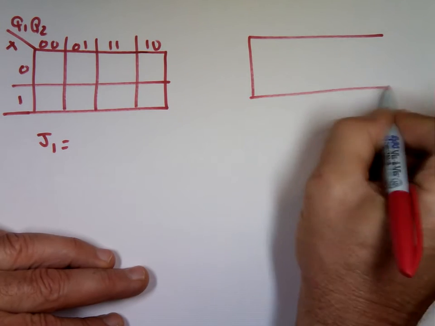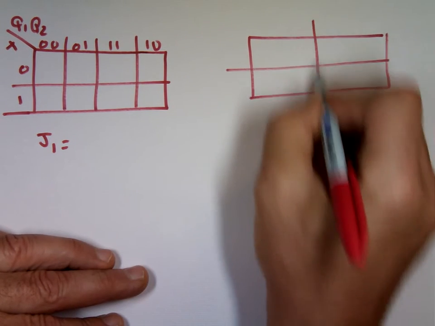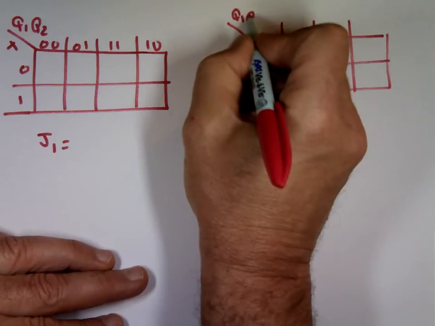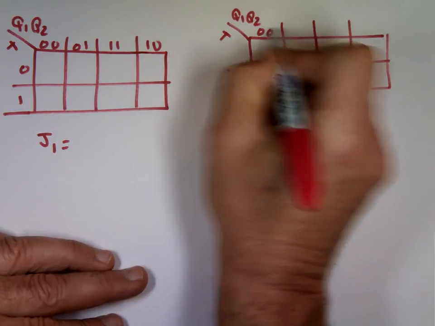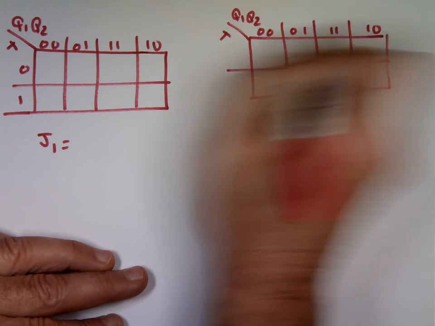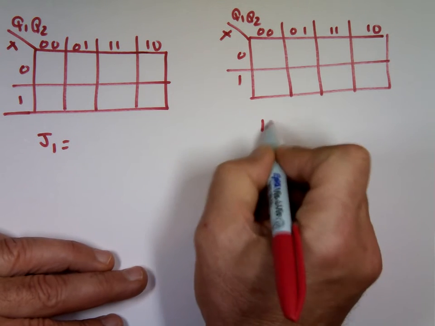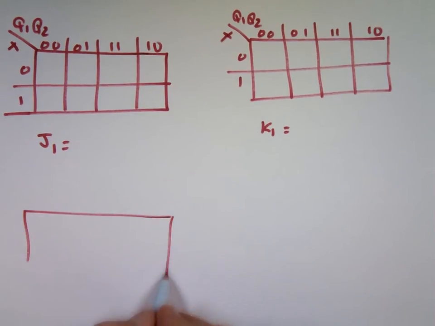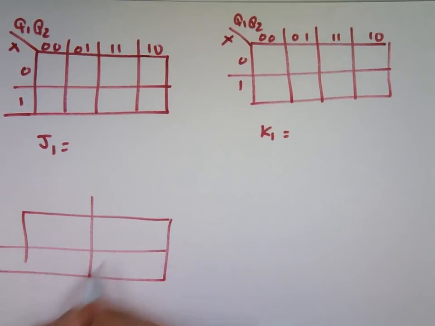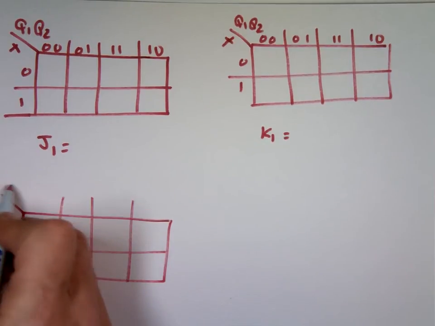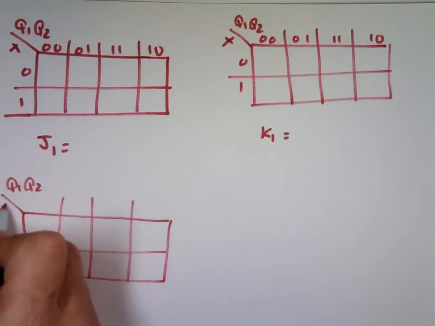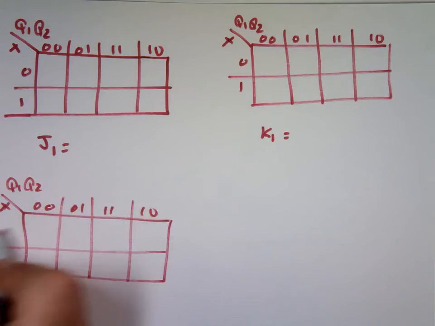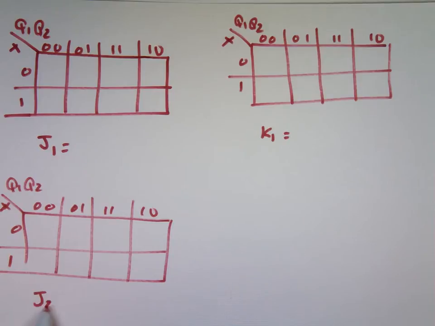We have one for K1. We have one for J2. K2.